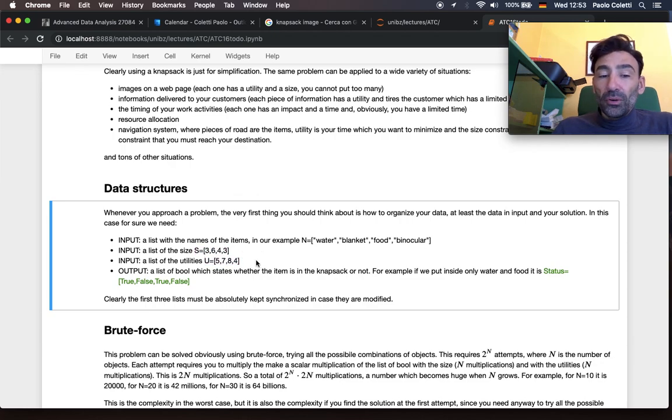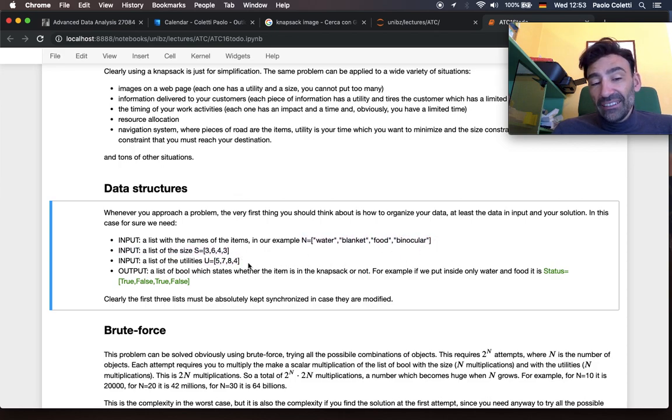It's very important that in case you change one of these three lists, also the other ones must be changed automatically. So for example, if you decide to sort your items by utility, and we will do it, starting from the most useful one, going down to the less useful one, you must sort the other two lists in the same way.